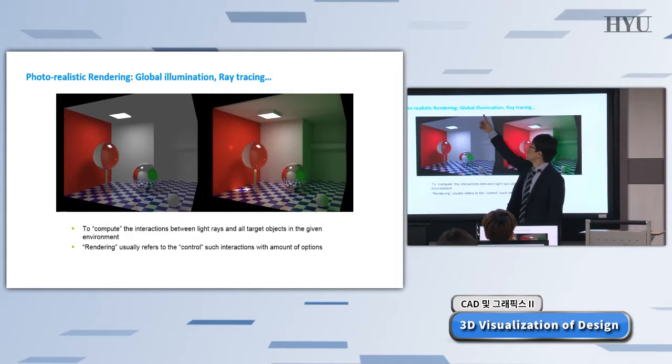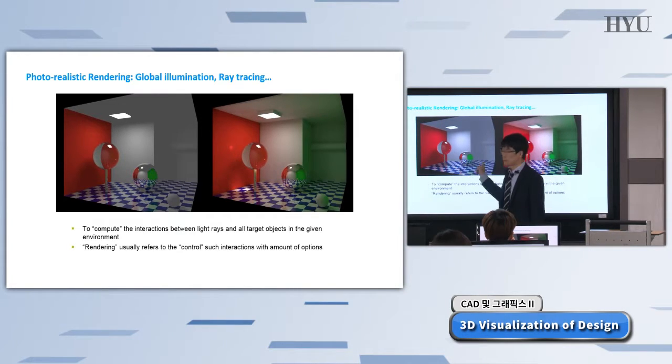Again, global illumination, ray tracing, 10, 15 years ago, they were totally new technology, okay? Really hard to do. But nowadays, we can use global illumination, ray tracing as default, okay? In 3D Max, the default renderer mental ray has default GI and ray tracing.